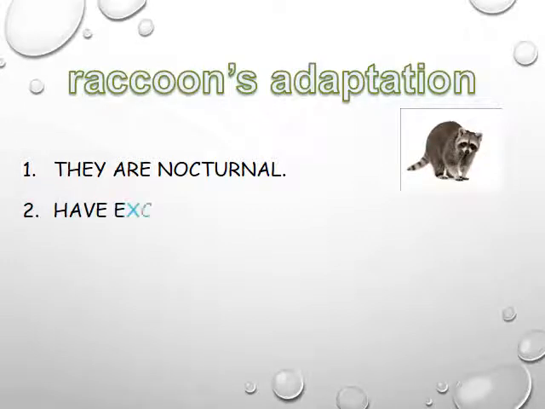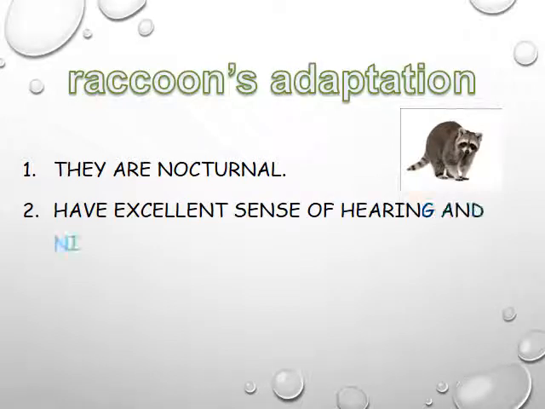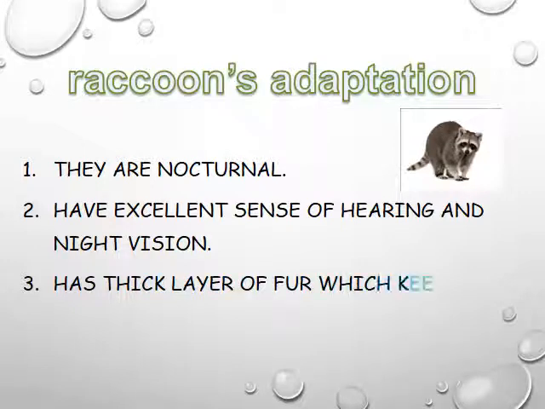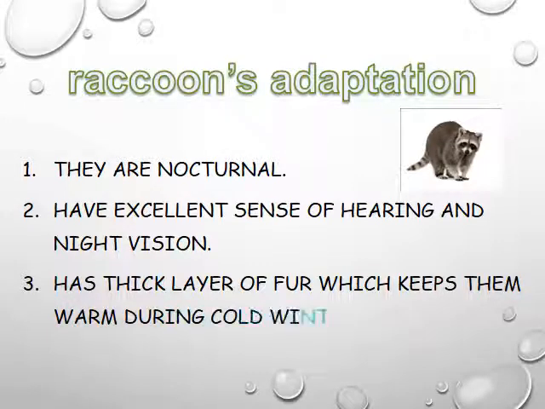And that's why they have an excellent sense of night vision and hearing, so it helps them move around in the forest at night. Next, they have thick fur, of course, because it gets really cold in the winter and at night, so it keeps them warm during the winters.